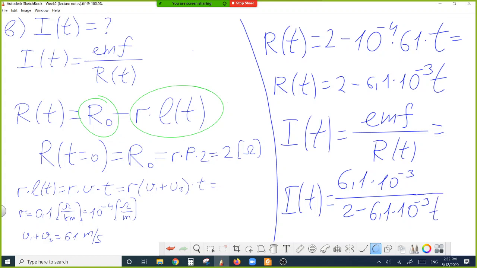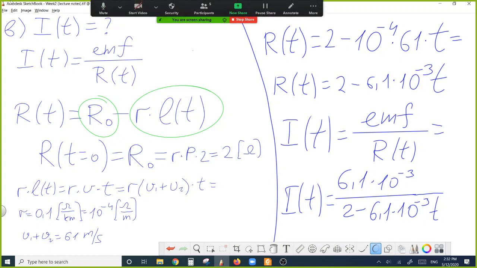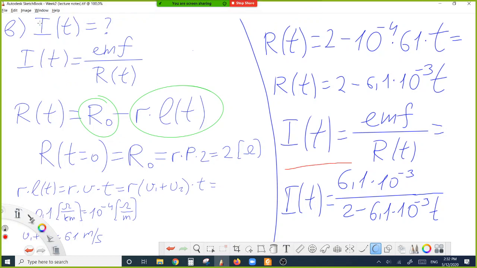This is the equation of the current with respect to time.